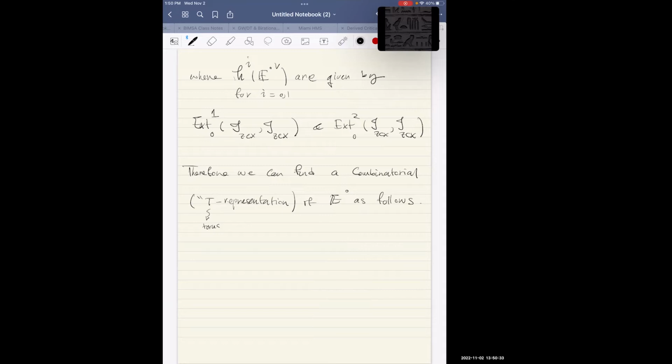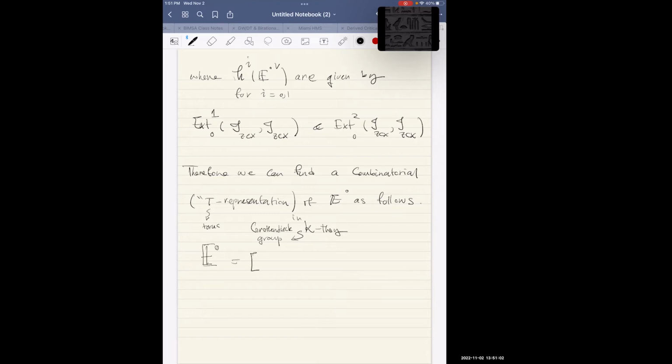If you look at the K group, the Grothendieck group, in the K theory, E dot is actually given by the difference of its cohomologies.